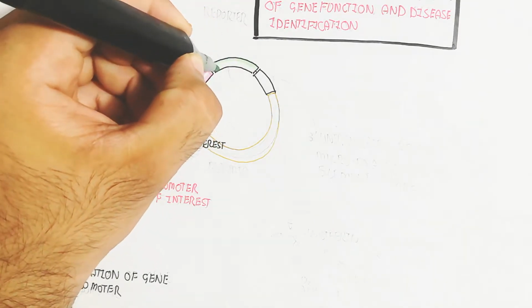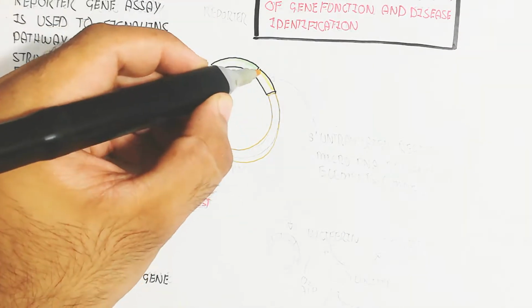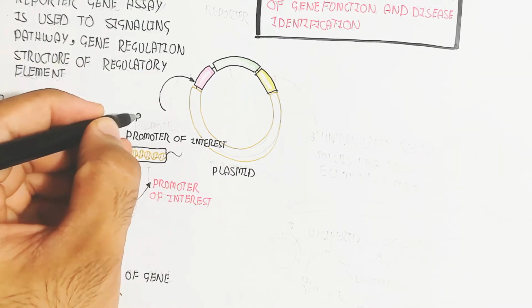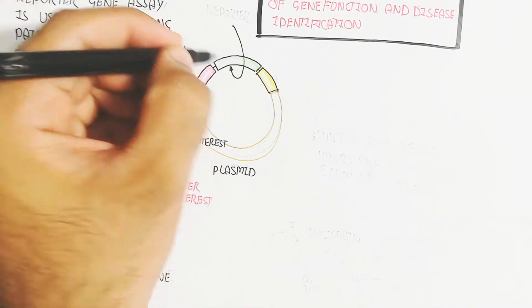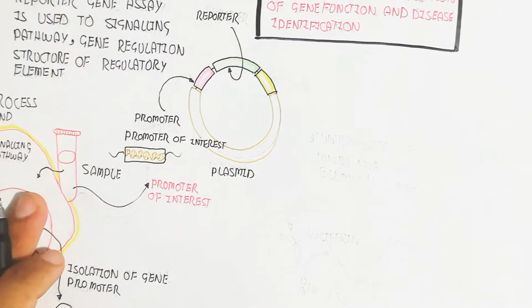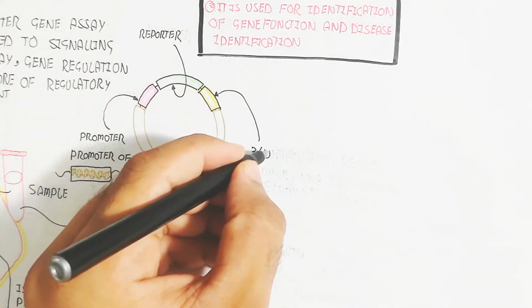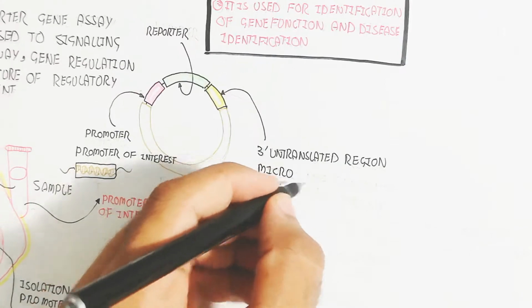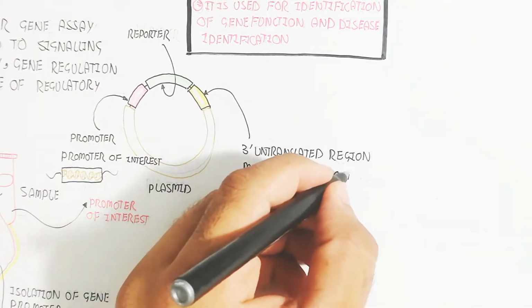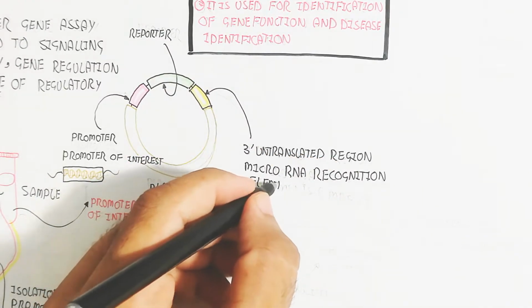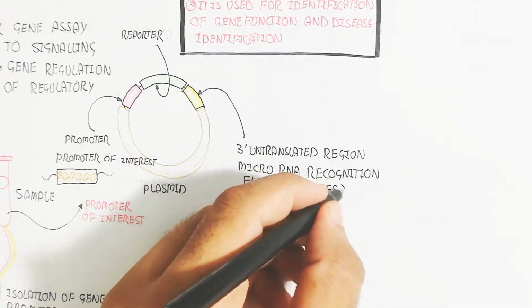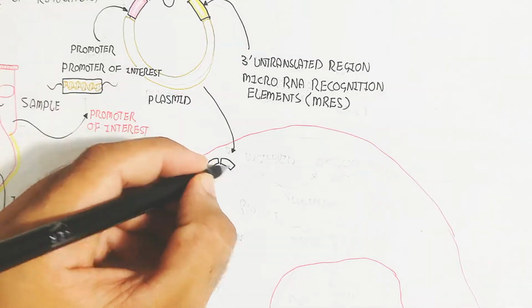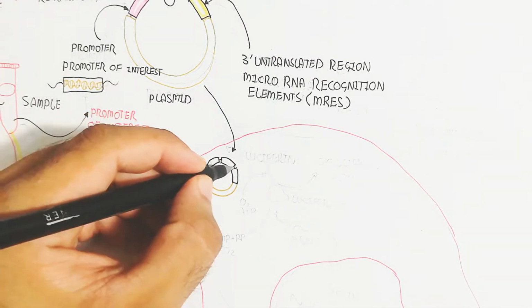This reporter will also bind, and the yellowish color shows the 3' untranslated region microRNA recognition elements, MREs. Okay, so this is the plasmid. This plasmid is inserted into the transfecting cell.